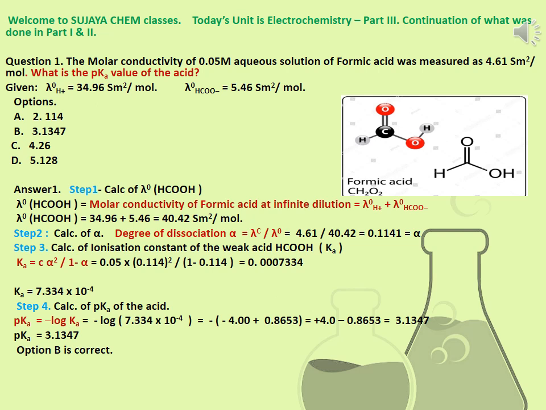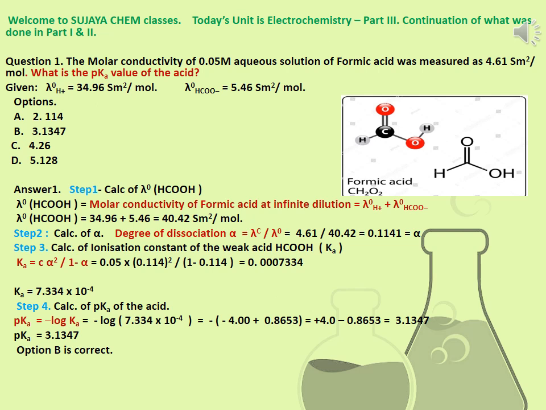So, to solve this problem, we need to follow 4 steps. The first step is calculation of molar conductivity of formic acid at infinite dilution, that is lambda naught M of HCOOH. Step 2 would be, from this value and the given molar conductivity value at the given concentration, we can calculate degree of dissociation alpha.